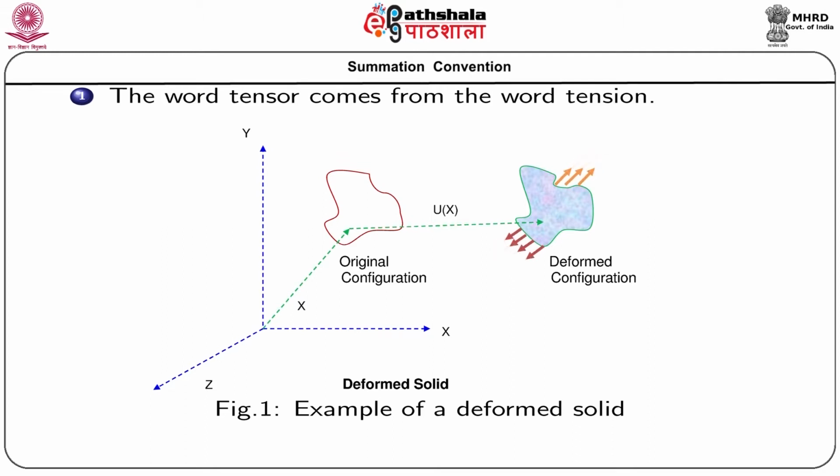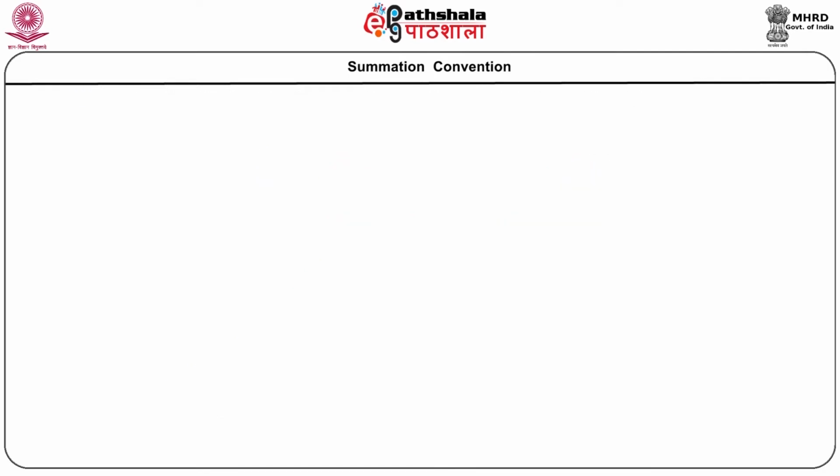So, from this picture we can see how tensor is coming out. Now, before we go into details, we shall learn the summation convention given by Einstein.